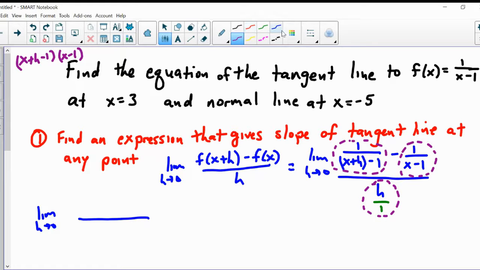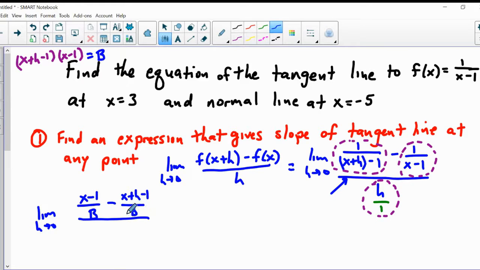I'm going to make sure that they all have this common denominator. So the first one right here needs to be multiplied top and bottom by x minus 1. So I have x minus 1 over x plus h minus 1 times x minus 1. I'm just going to call the common denominator b to make my life a little bit easier. Then subtract. I'm going to multiply the numerator and denominator of this fraction by x plus h minus 1.